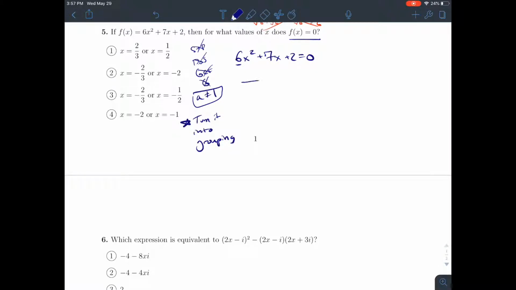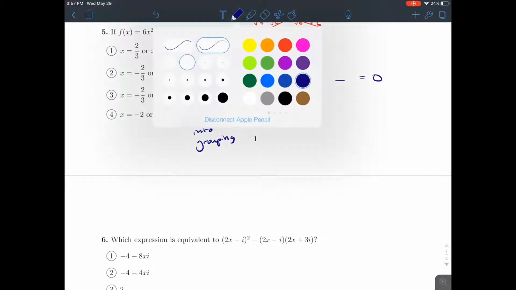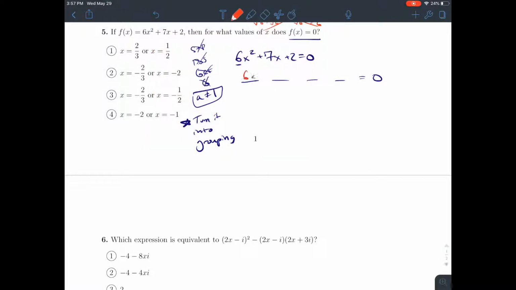Now to turn it into a grouping problem, we need to have 4 terms. We learned that the first term and the last term will remain the same. However, for your 2 middle terms, these need to recombine to give you 7x. And then the other condition that these 2 middle terms must follow is that they must multiply to make the same thing as these two.